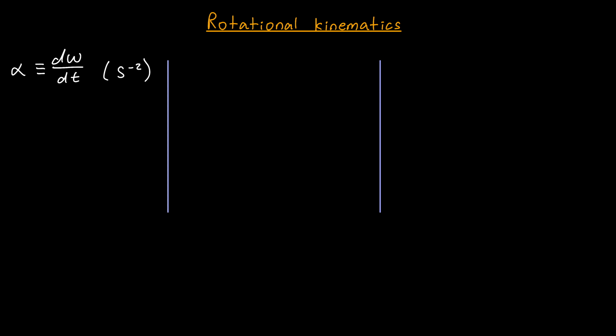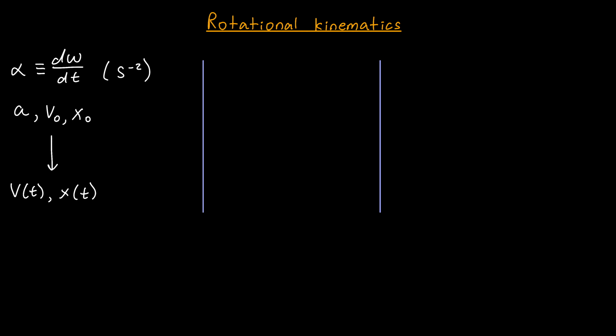And so just like in ordinary kinematics, where the name of the game is to go from the linear acceleration and some initial velocity and some initial position to the trajectory, v of t, how velocity evolves over time, and x of t, how position evolves over time, what we also have to do now, let me move this over a bit, is to actually get omega as a function of time and theta as a function of time, given alpha, the angular acceleration, and some initial angular velocity omega naught, and some initial angular position theta naught.